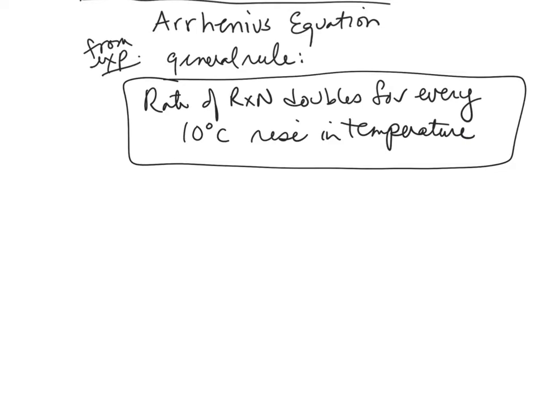So the equation that Arrhenius derived is k is equal to A e to the minus B over T. This was kind of the original form of his equation. A would be called the Arrhenius A constant here.